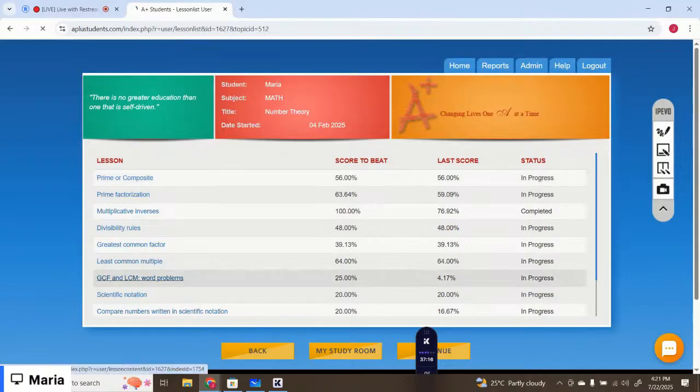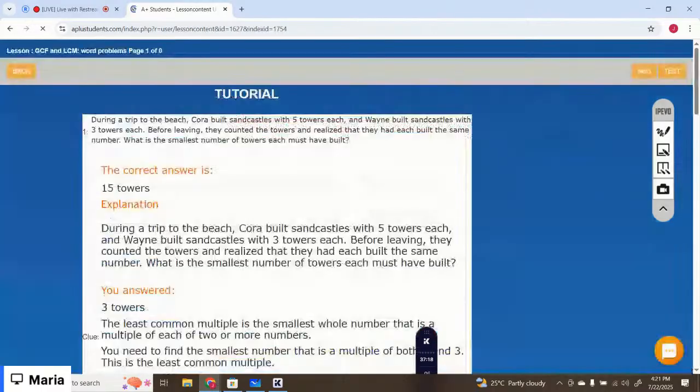That is GCF and LCM word problems. I'm going to start with the test questions, right?